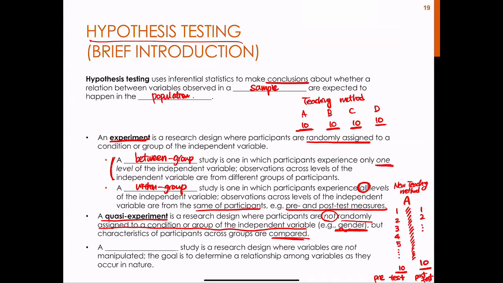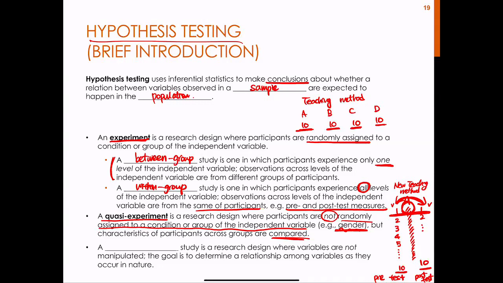And then we compare the pre and post test. The same students experience all levels of the independent variable, pre and post, and experience the new teaching method. So this is the within group study.